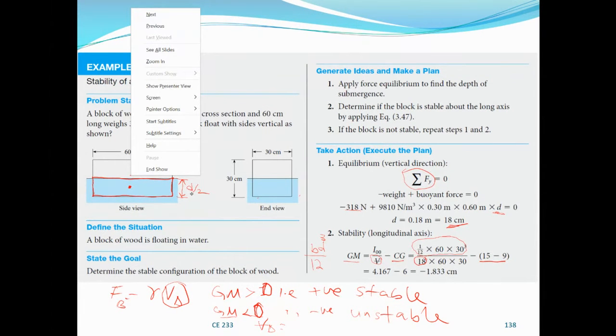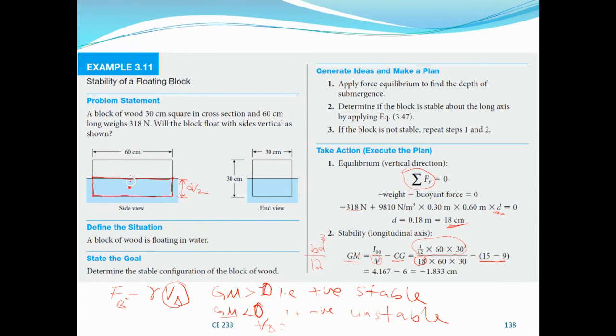D is 18, so the center of gravity will be higher than D, somewhere here, at exactly 30 over 2, which is 15.